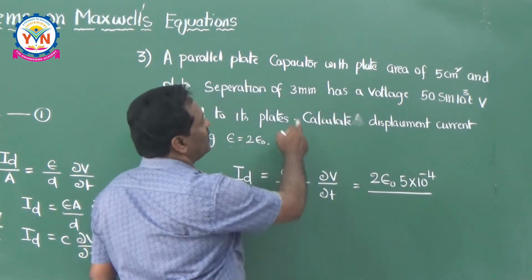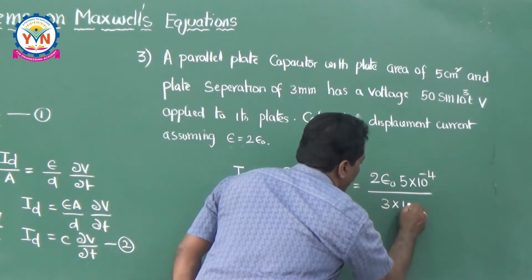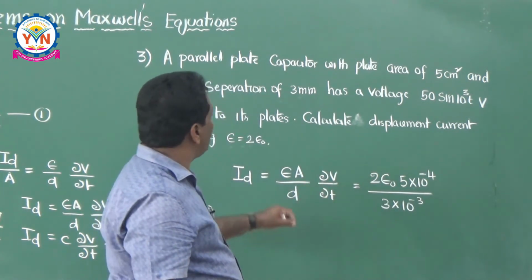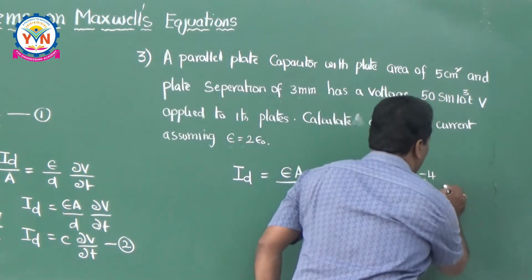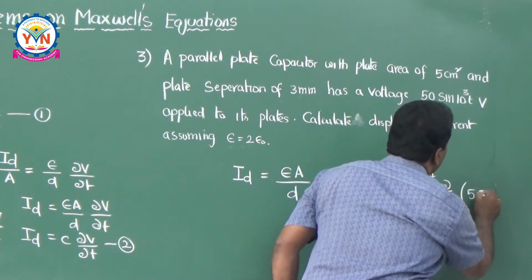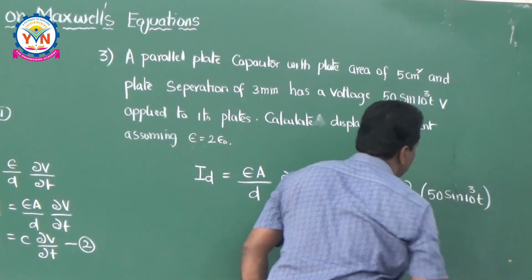D is the distance between the plates, 3 mm. So 3 into 10 to the power of minus 3. Then ∂/∂t of V, so differentiate V, which is 50 sin 10 to the power of 3t.